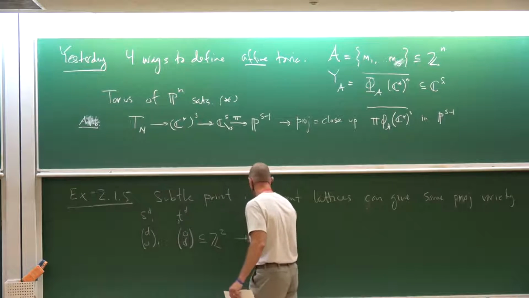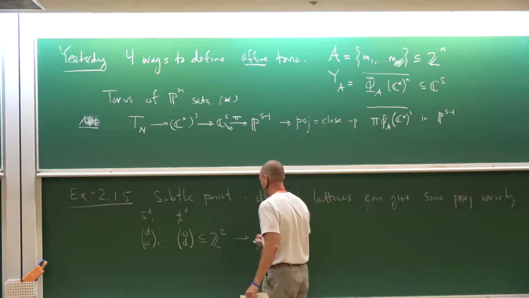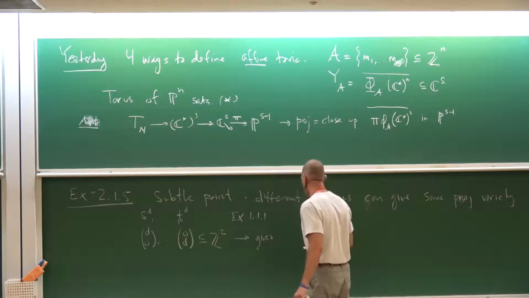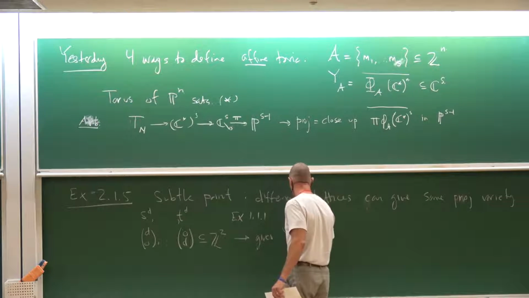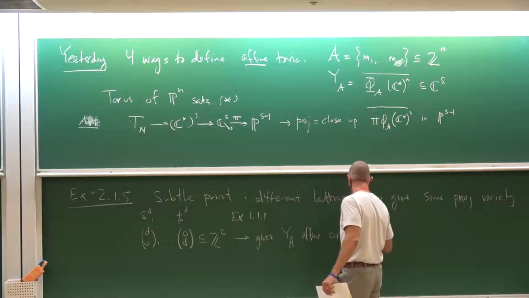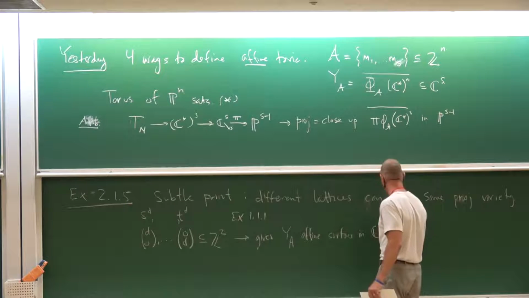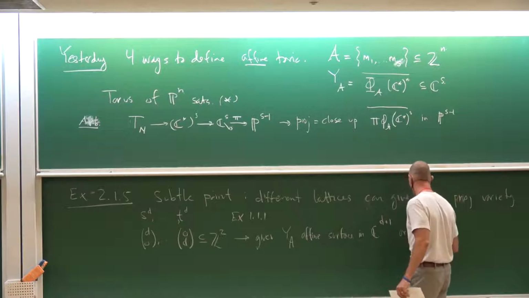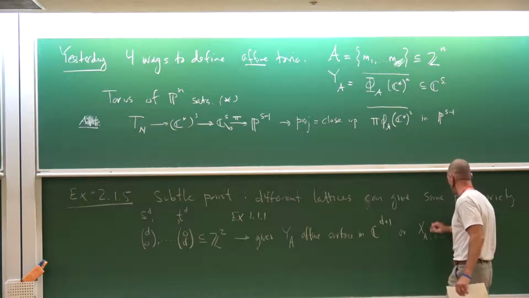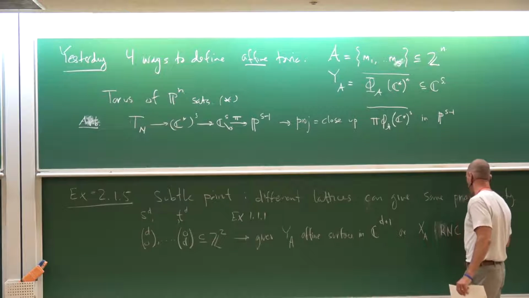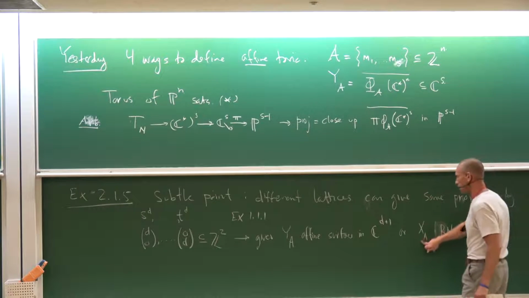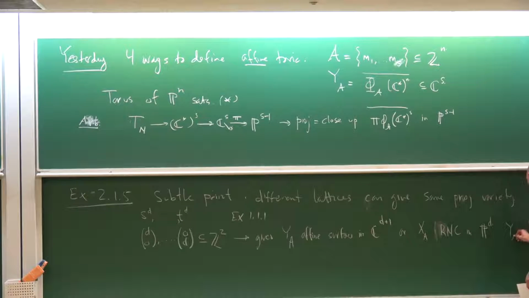We saw that this gives us either, this is exercise 1.1.1, which one of the groups did yesterday, an affine surface Y sub A in C^(D+1), or it gives a projective curve, X sub A, a rational normal curve. I'm going to write RNC for rational normal curve in P^D. So in this case, the observation is that Y sub A is just the affine cone.